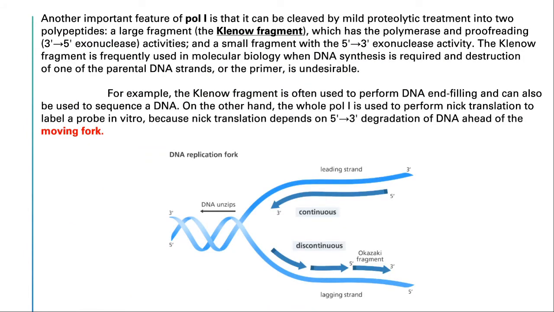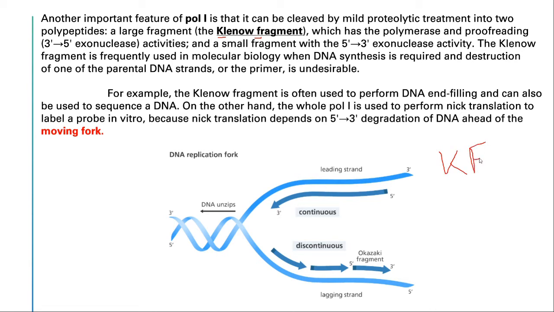Another important feature of Pol1 is that it can be cleaved by mild proteolytic treatment into two polypeptides. A large fragment is known as the Klenow fragment, also abbreviated as KF.